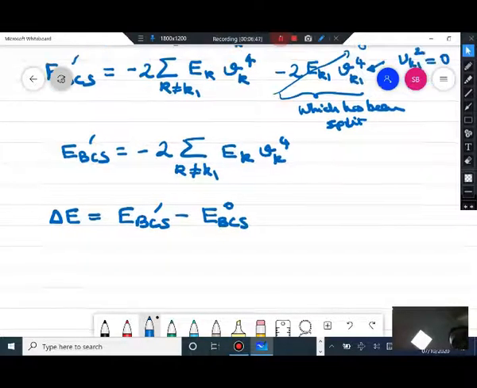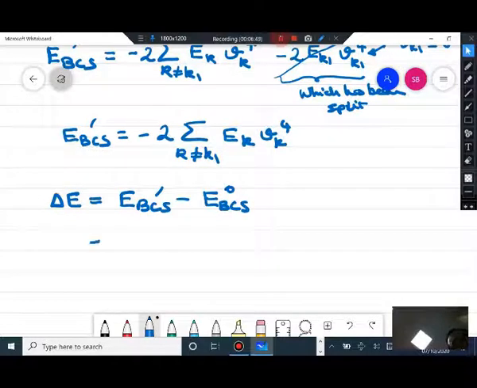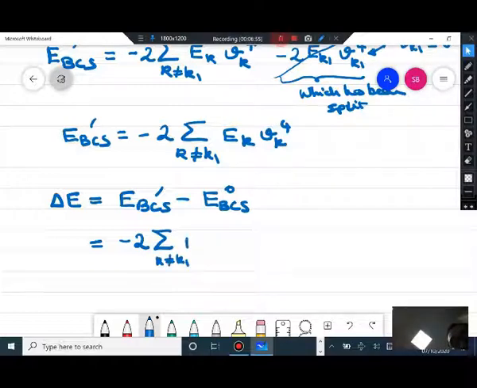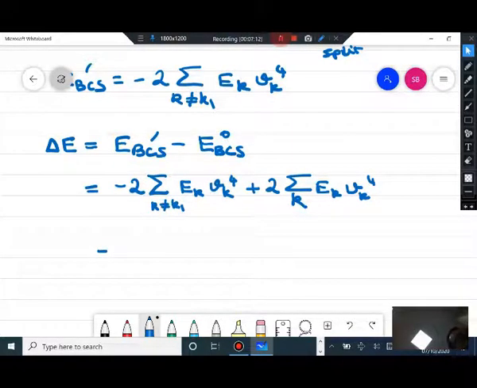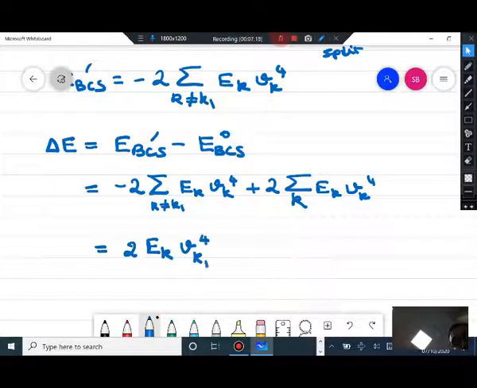That energy difference is minus twice summation over k not equal to k1 of Ek Vk raised to 4 plus twice summation over all k Ek Vk raised to 4, and this is nothing else but twice of Ek1 Vk1 raised to 4.